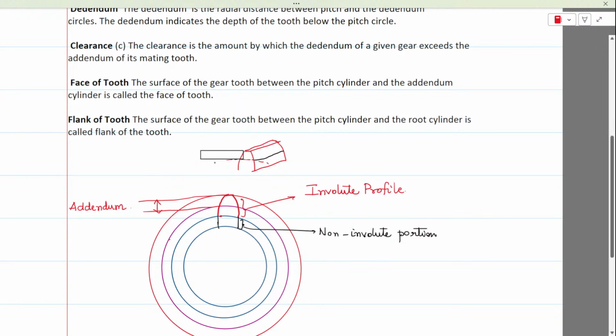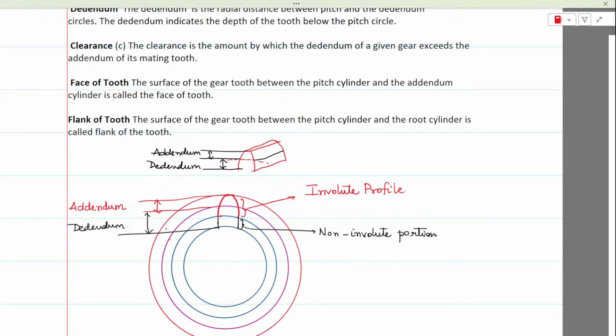I am calling this the addendum, that is the radial height. Radial height above the pitch circle is called addendum. And up till the root portion is the dedendum. This is called the dedendum. Same way, if I project it over here, this would be the dedendum.